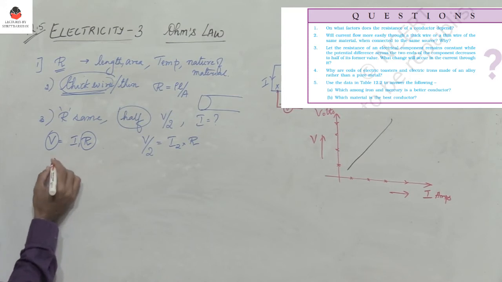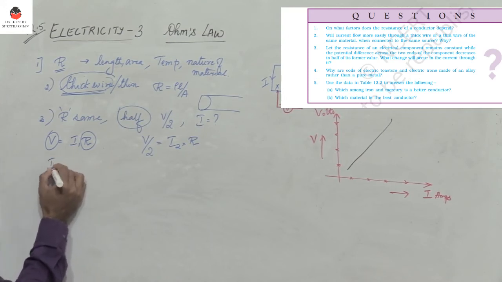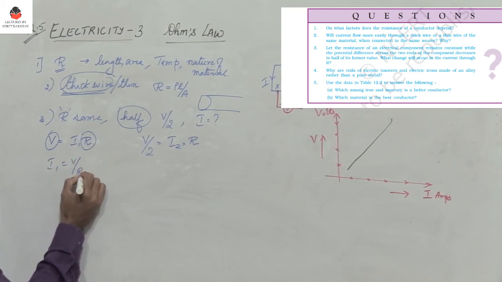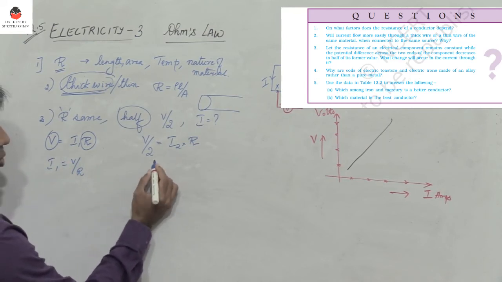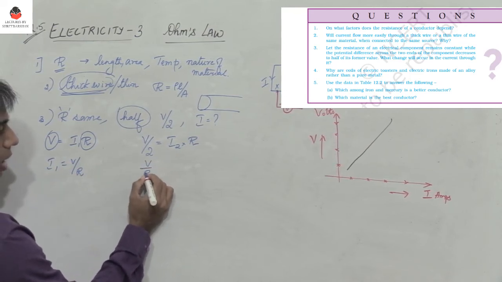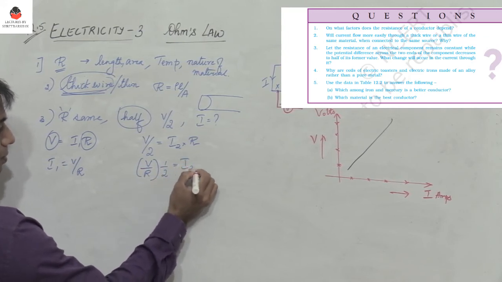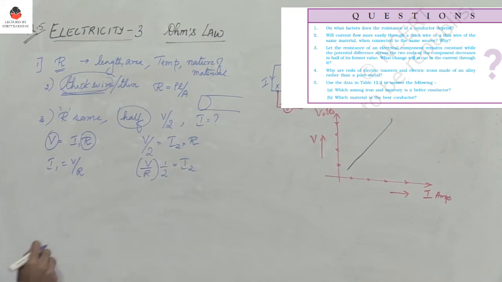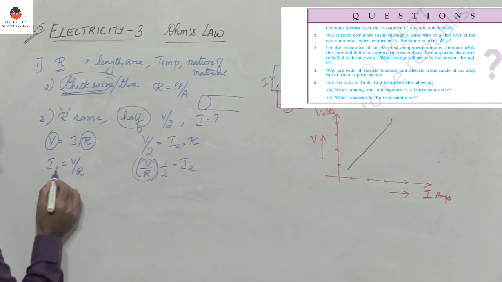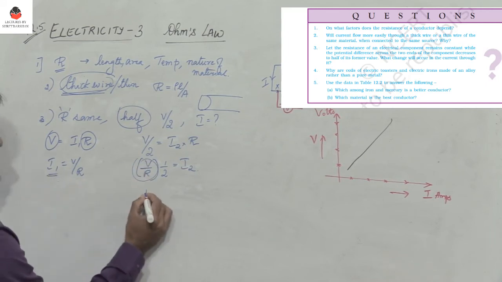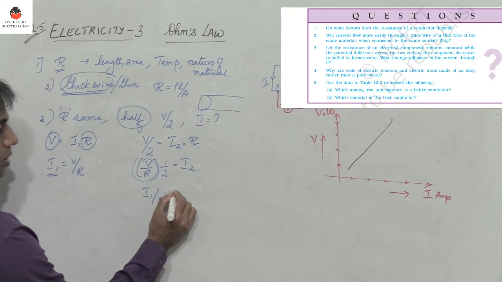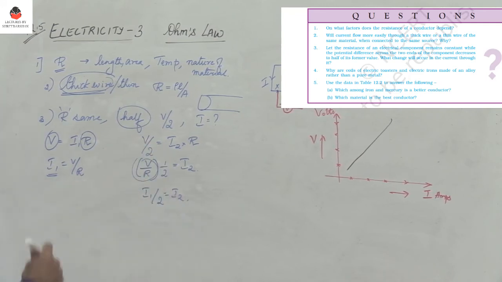Here, what is I1? I1 is V by R. Similarly here, what is I2? I2 is V by R into 1 by 2 equals I2. What is V by R? V by R is I1. So I1 by 2 equals I2. What has happened to the current?